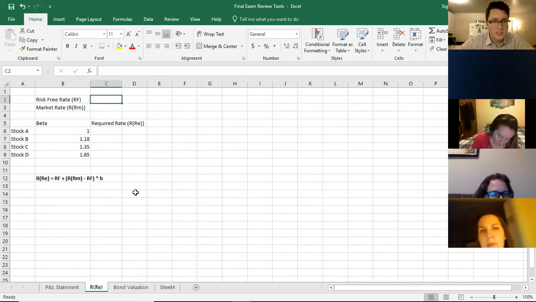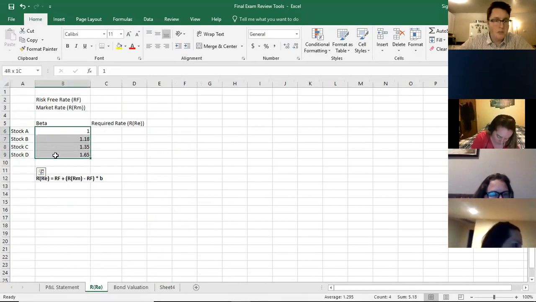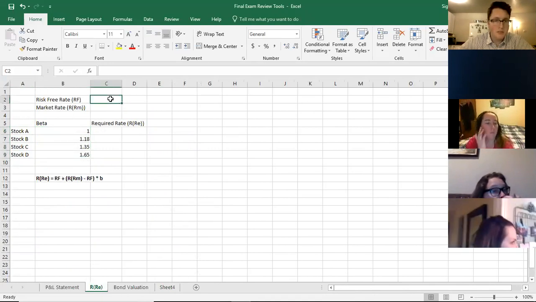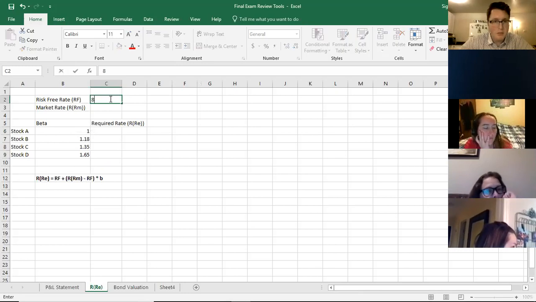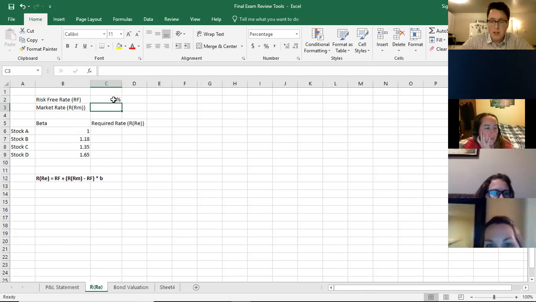There's stock A, B, C, and D, and these are their beta, or the riskiness of those stocks. The risk-free rate, let's say, is 8%. Make these percents here. And the market rate, let's say, is 15%.